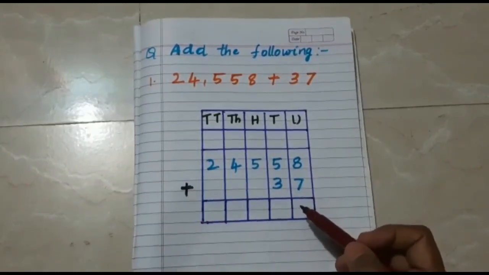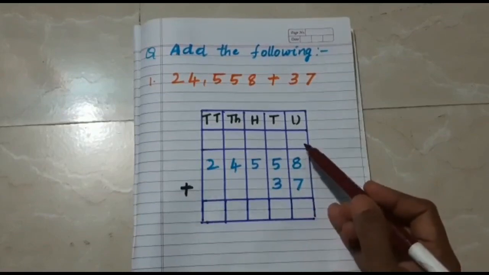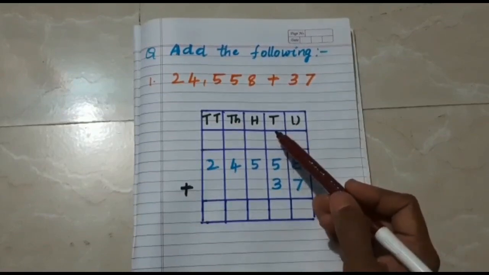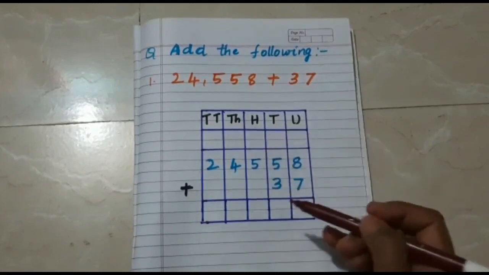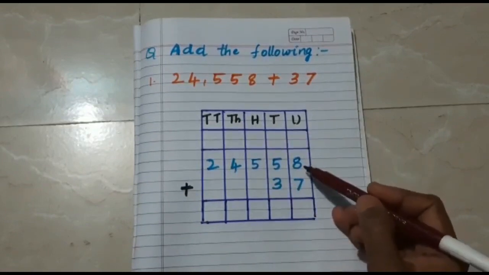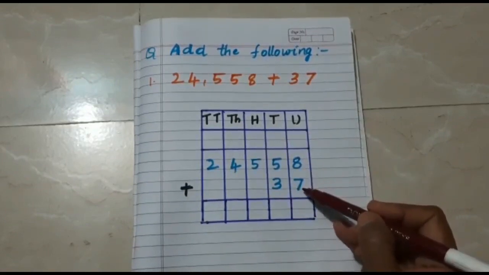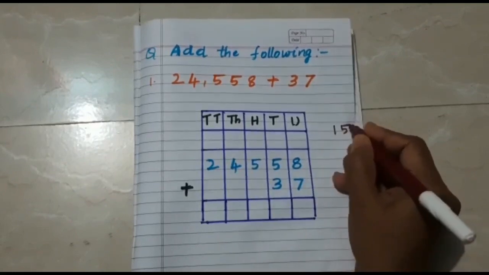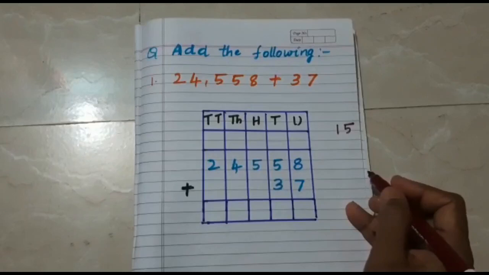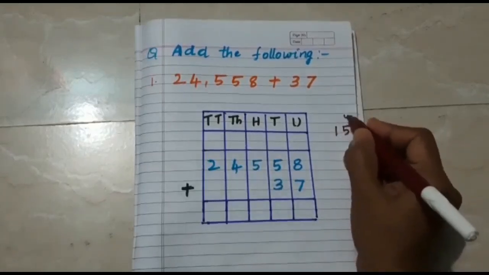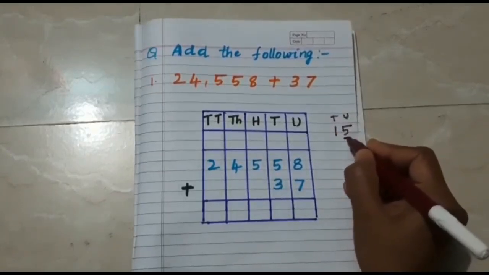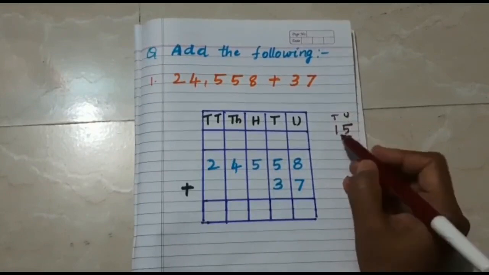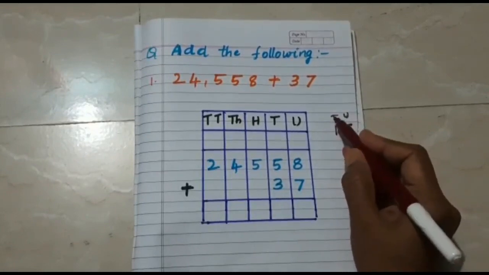Now we are going to start the addition from the units, then tens, hundreds, likewise we are going to do. Now let us start. 8 plus 7. Children, 8 plus 7 is 15. 1, 5, 15. So this 5 stands for units and 1 stands for tens.